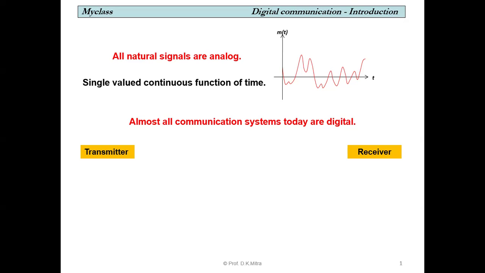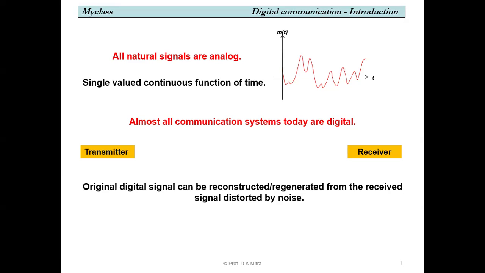Now, why do we go for digital signals? It is because in digital communication, the original digital signal can be reconstructed or regenerated from the received signal distorted by noise. Noise is the main enemy of any communication. Suppose you are in a crowd, shouting to somebody at the other end of the crowd.